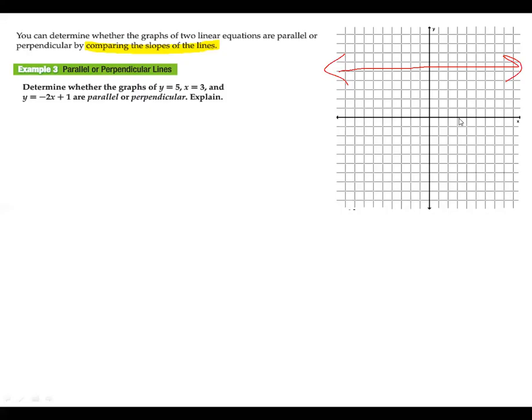So right there. And y equals -2x plus 1, slope-intercept form, so I plot the y-intercept, which is 1, and use the slope. The slope there would be -2 as a fraction, -2 over 1. Remember, that's rise over run, so I would go down 2 over 1, put a point right there.